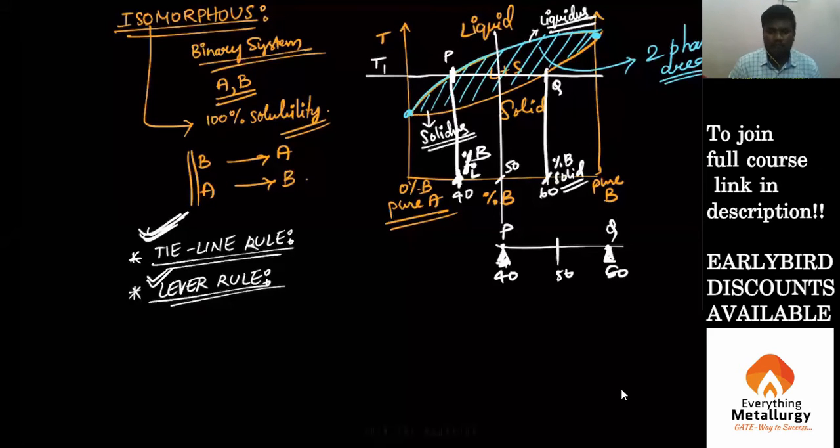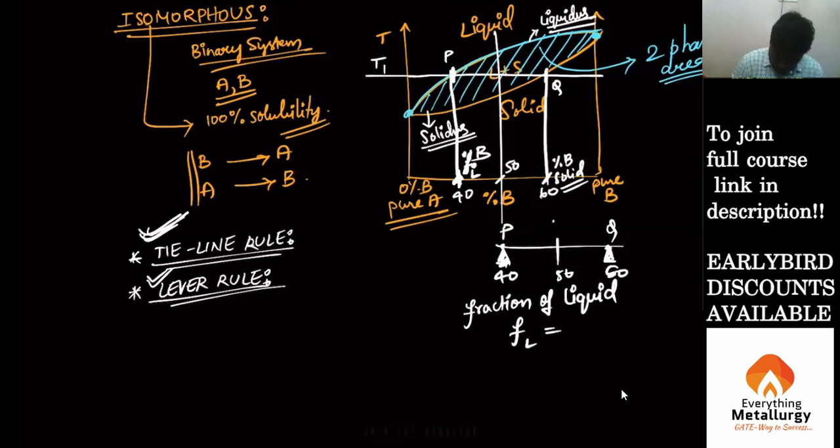Now, if you want to calculate the fraction of liquid, it tells us to take the opposite lever on the numerator. So for example, the fraction of liquid is what I want, simply I'm writing FL.